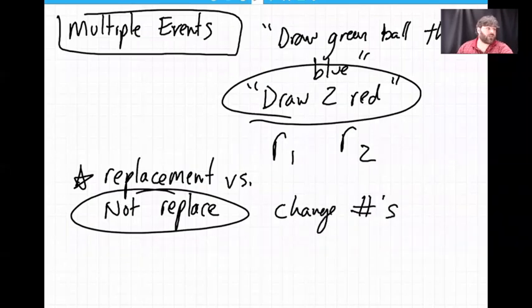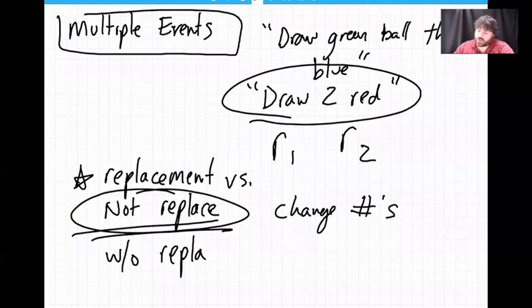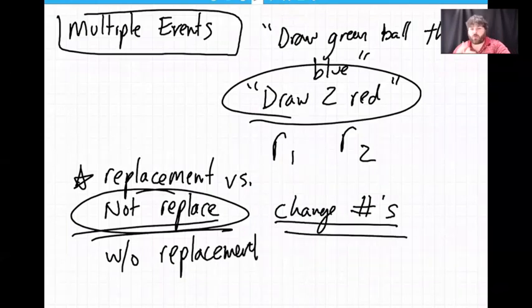Meaning if you started with 52 cards, you pull out a card and you set it off to the side, now you don't have 52 cards anymore. Now you've got 51 cards. And if you drew a heart and put it down, now you don't have 13 hearts, you've only got 12 hearts. So anytime you're not replacing, or they'll say without replacement, that's the way they'll usually word it. When it's without replacement, it will change the numbers. So you've got to be aware each time you draw, the numbers are going to be different each time.